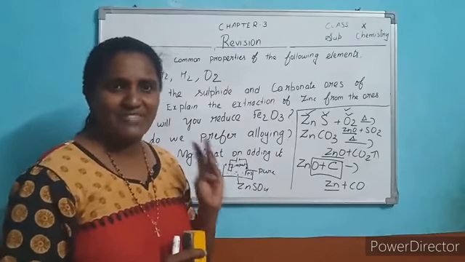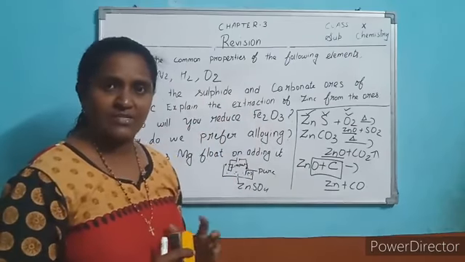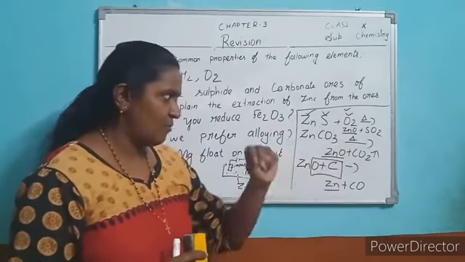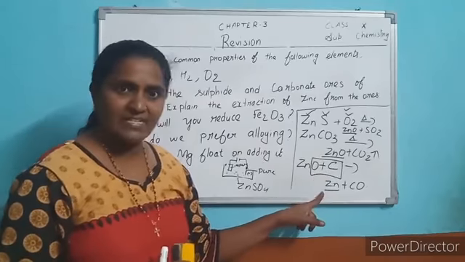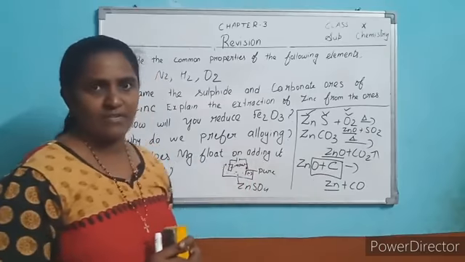Now we get the pure form of zinc. So this is for 5 marks. You have to explain the whole process. Ore purification 1 mark, roasting or calcination 1 mark, reduction 1 mark, refining 1 mark, and the reaction 1 mark.